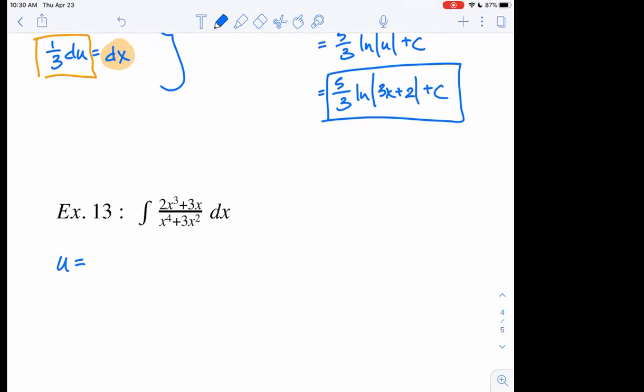What would you like to select as your u? X to the fourth plus 3x squared. Very nice. Can you share your reasoning on why you did that?